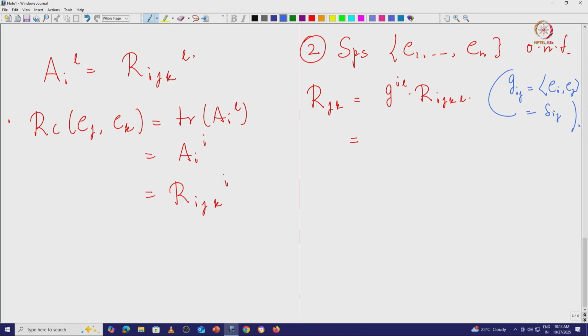So the inverse will also be the identity matrix. So this will just be delta^il R_ijkl, which is simply R_ijki, right, where you sum over, of course, as usual, the repeated index. But by definition this is simply this.